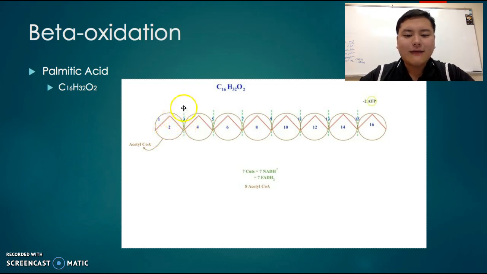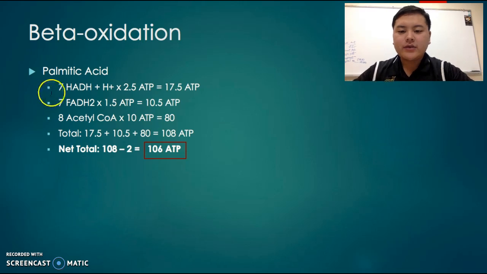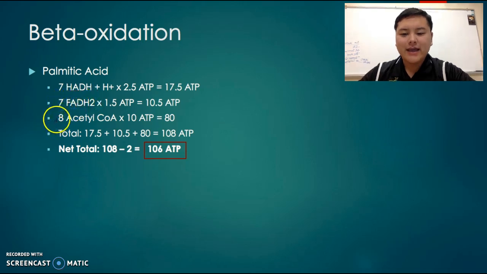So after I make the cuts, these things break off and they become acetyl-CoA. So there's 1, there's 2, 3, 4, 5, 6, 7, 8. So those are 8 acetyl-CoAs. So again, in total we have 7 cuts, so 7 NADHs, 7 FADHs, and 8 acetyl-CoAs.